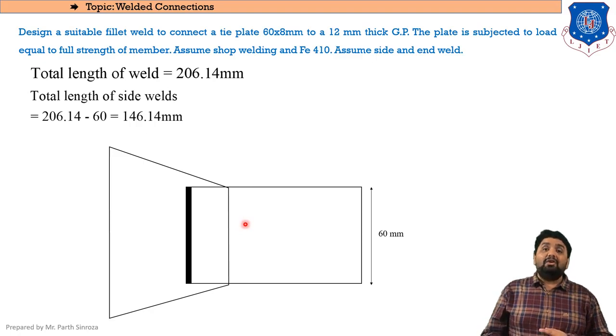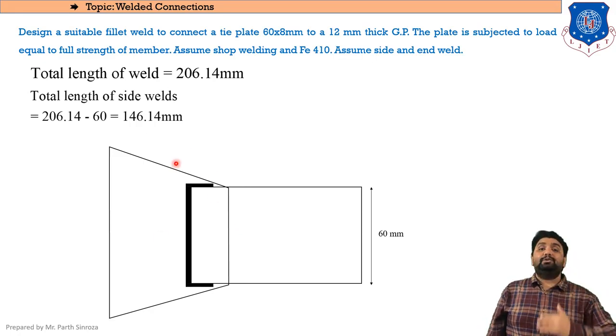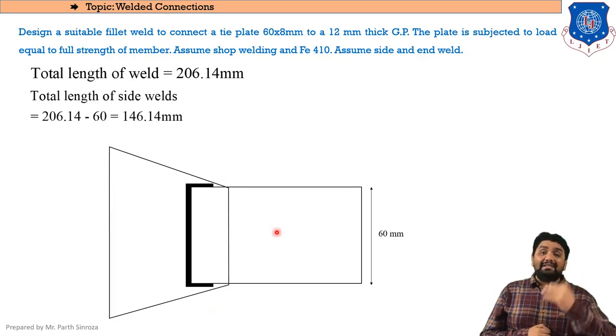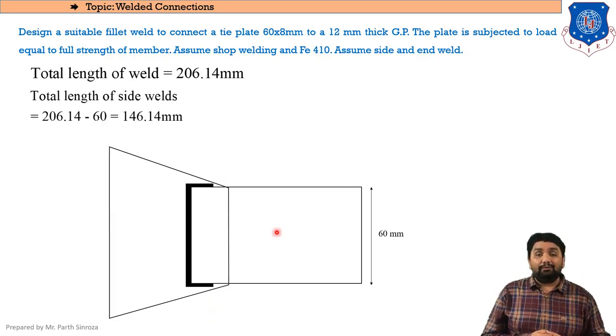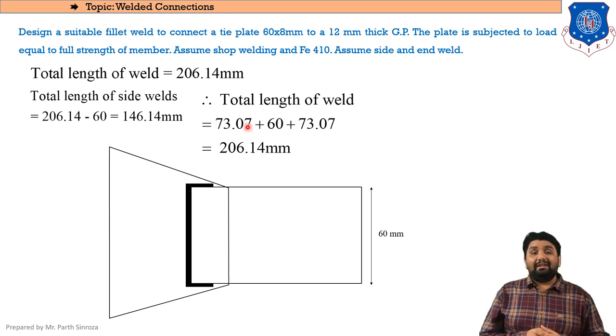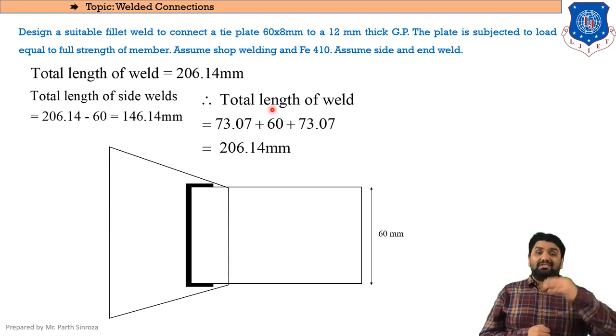Clear? This weld is to be divided into two parts, the upper portion and the lower portion, or you can say upper side and lower side. So we divide the remaining length, 146.14, by 2, as we are providing on both sides, and the answer is 73.07 on each side.